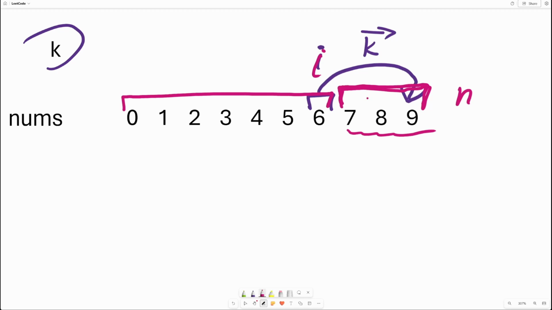So the final element will end up in the final position. So if the final element is I, then there is nothing left to reverse, right? But otherwise, the next reversal would be I plus 1 and to the end of the array, right?